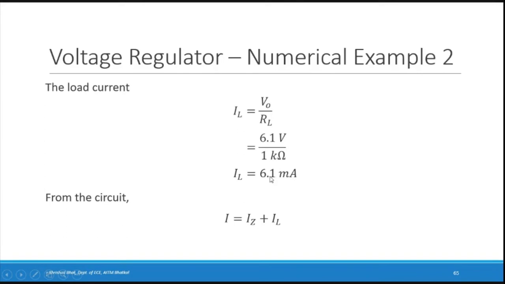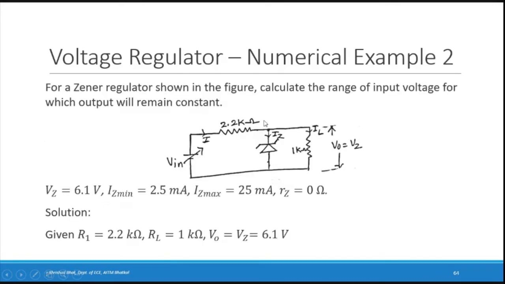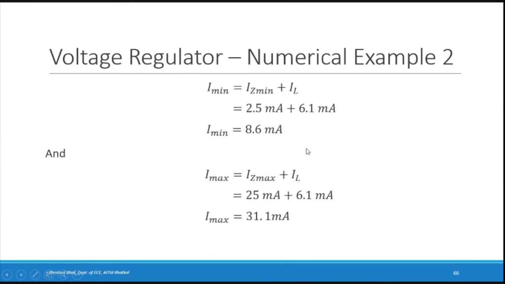And from the circuit, as I had told, I is equal to Iz plus IL. For the minimum value of Iz, you will get the minimum value of I. So if you substitute Iz as Iz min, then I will be minimum. I min will be equal to Iz min plus IL. Iz min is 2.5 milliamps, and IL you have obtained as 6.1 milliamps.